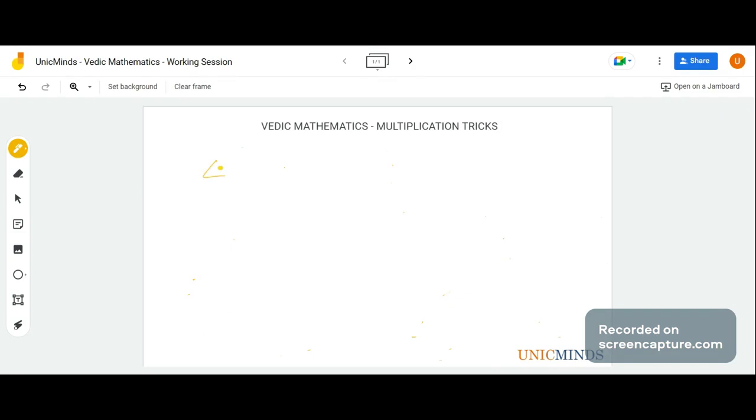Say, for example, 44 into 99. So typically the way we mentally do this is 44 into 100, which is 4400 minus 44. So which is going to be 4356. Okay, this is also fairly fast.